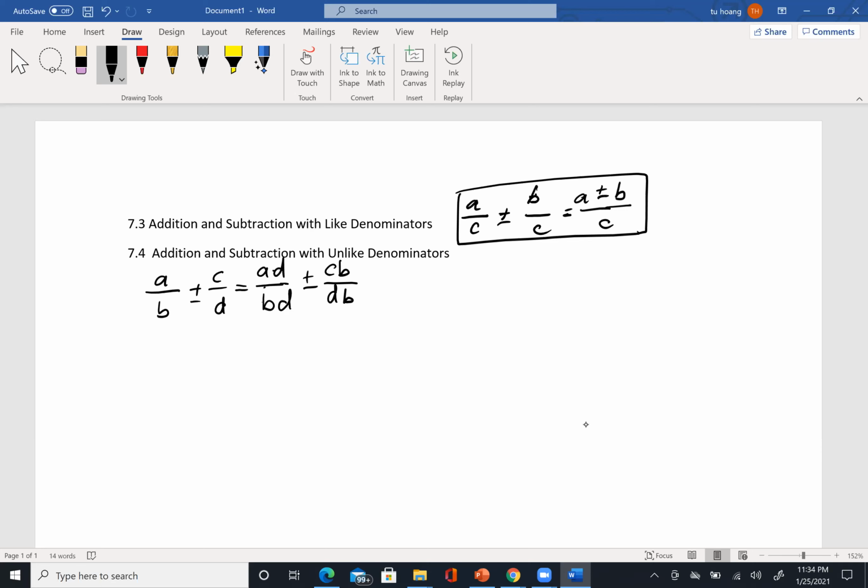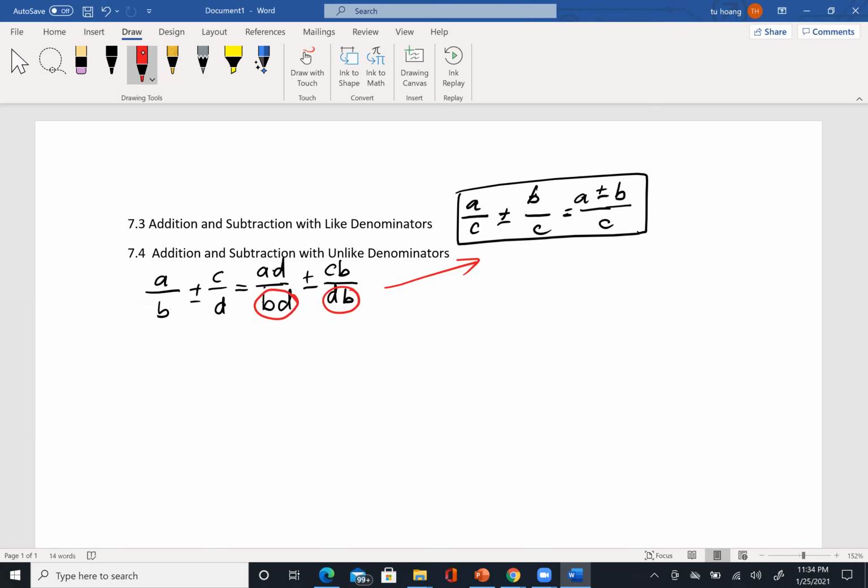Why do I do that? Because now you can see I have the same denominator, and then I can follow the same rule from addition and subtraction with like denominators.